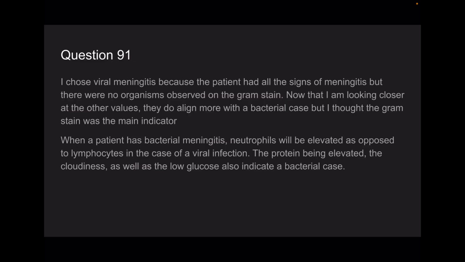If you look at everything else, it does point to bacterial. It states that the white blood cell is 88% neutrophil, the glucose is low, and the protein is high. These 3 all align with bacterial. I just chose lymphocyte because there's no bacteria found.